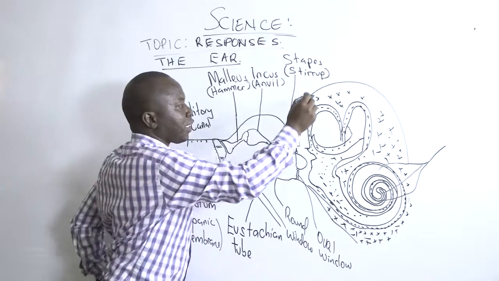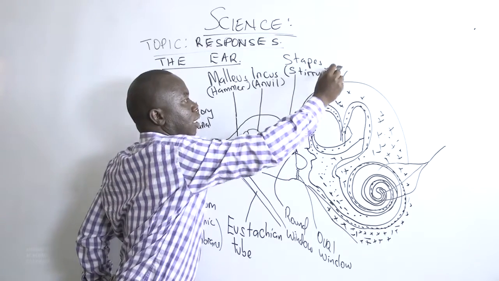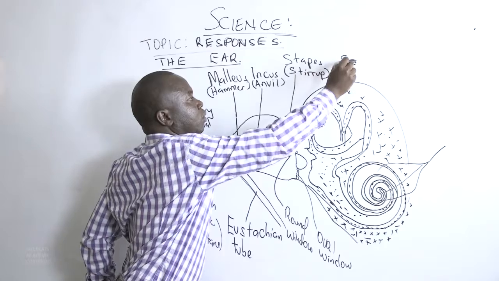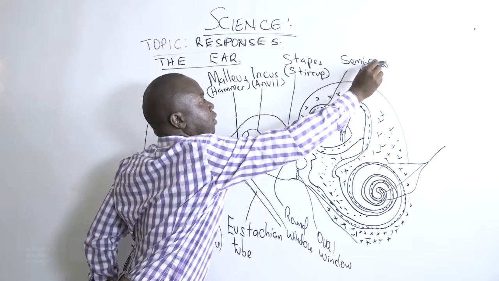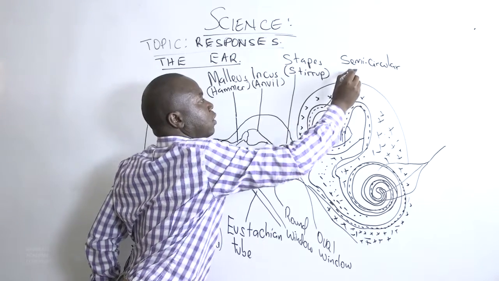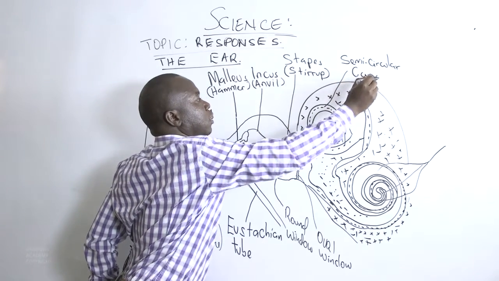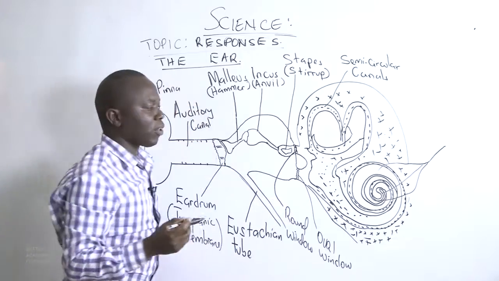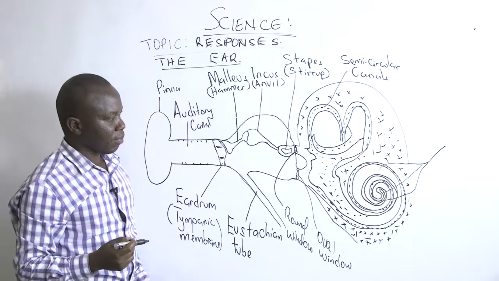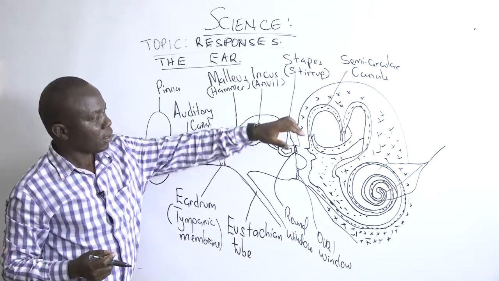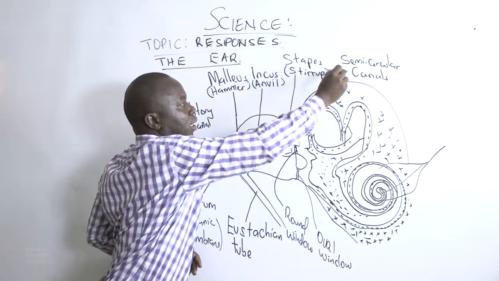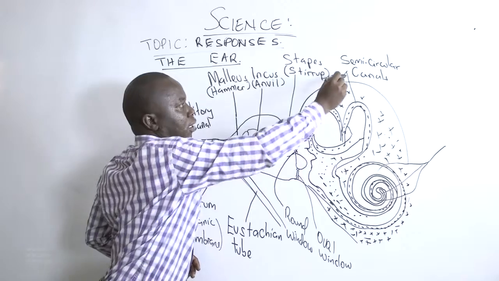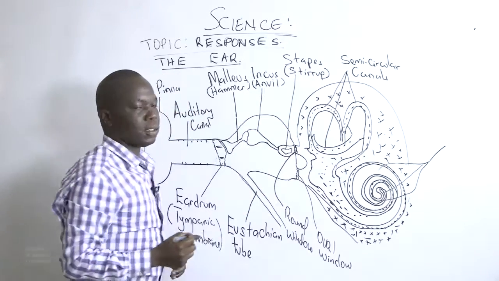But the specific parts that are here: we have the semicircular canals. We have three semicircular canals. We have one there, the other one is here, and the other one is there.